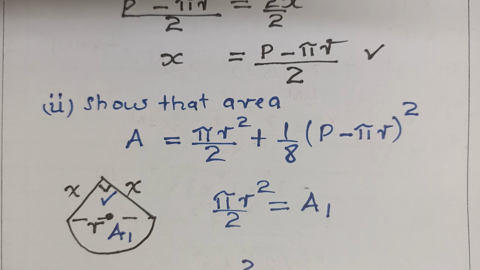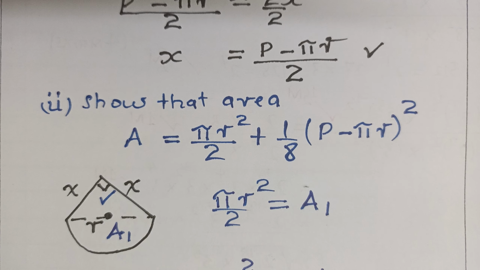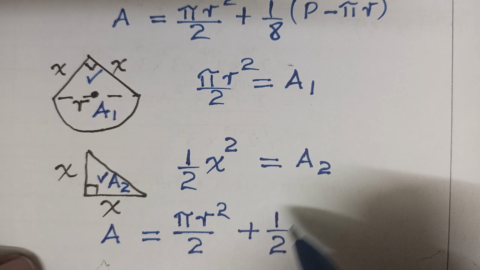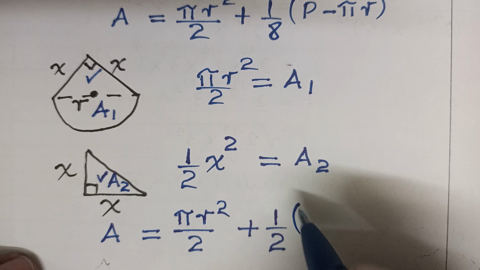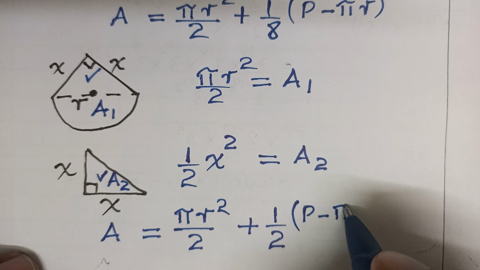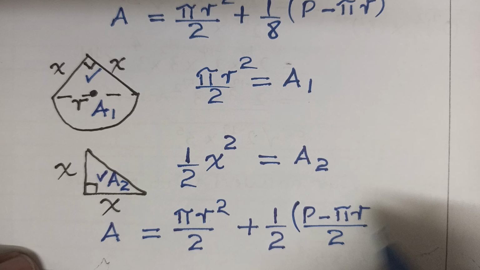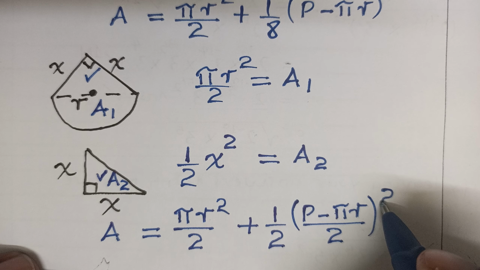Remember we had x as p minus pi r over 2. And that is what we are now going to do. We are now going to put p minus pi r all over 2, and this is now squared.